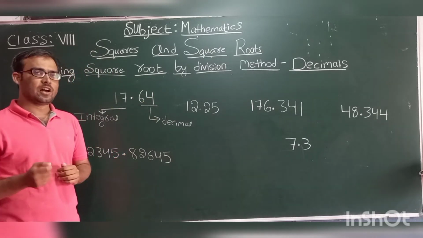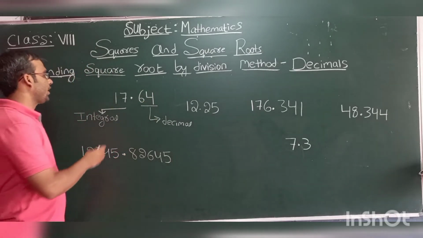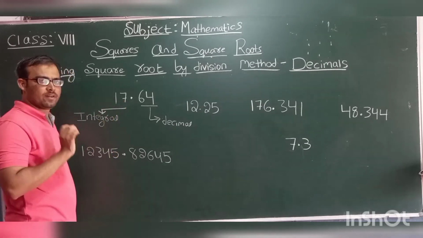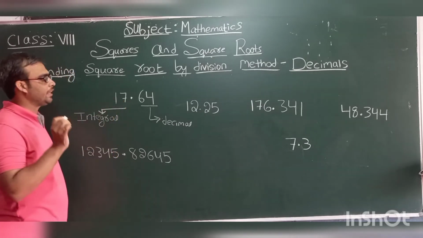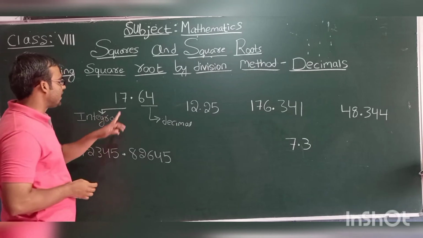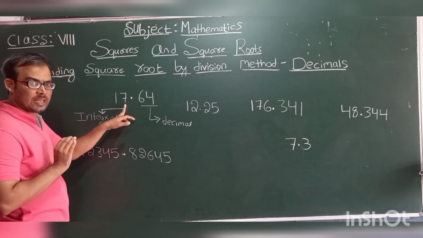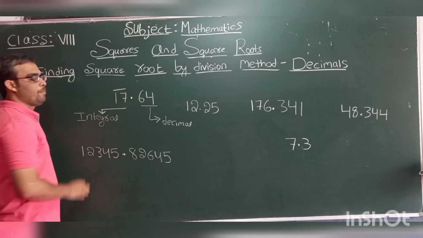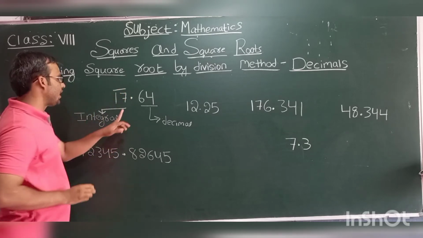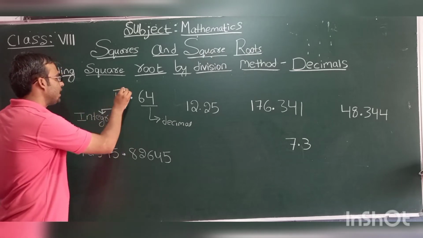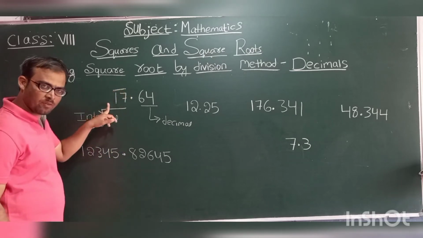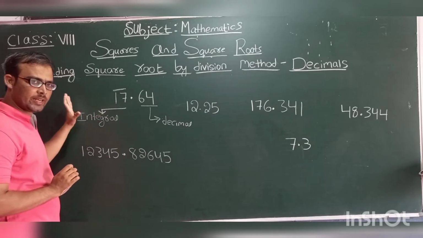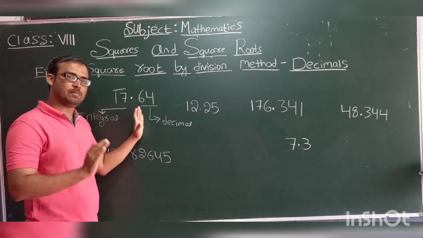Here, how you need to place the bar means, starting from the last digit in the integral part, first place the bar over the integral part. Starting from the last digit, place the bar over every pair of numbers. After this, when the pairing is over, now come to the decimal part.